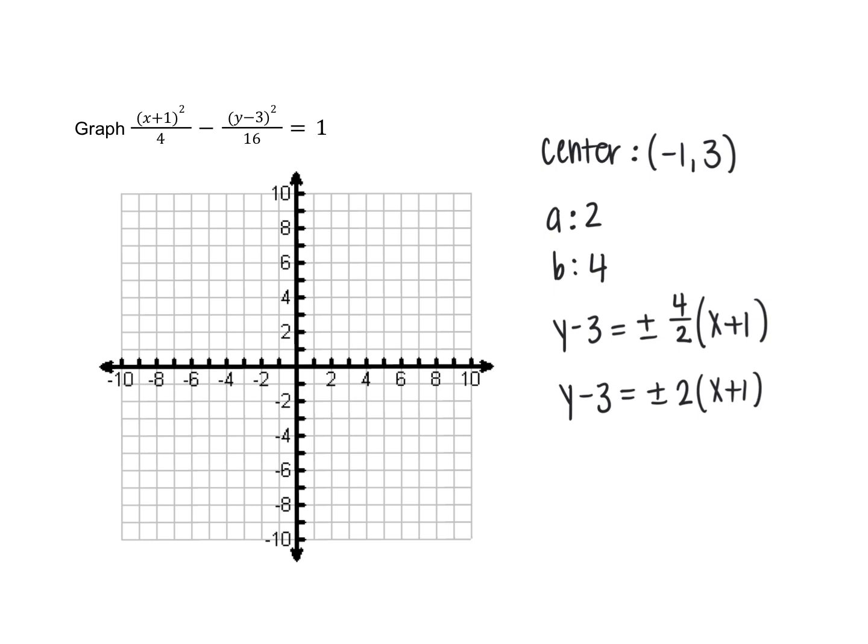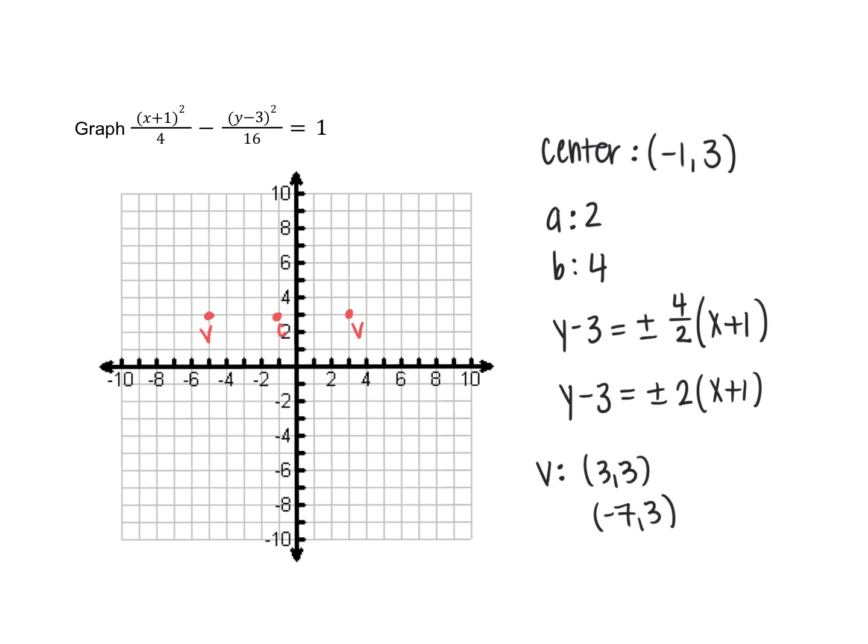So when I go to graph, I start with my center, (-1, 3). Then my vertices, so a is a distance of 2, and I'm going to go right and left, because x comes first. So that tells me that my coordinates for my vertices are at (1, 3) and (-3, 3).